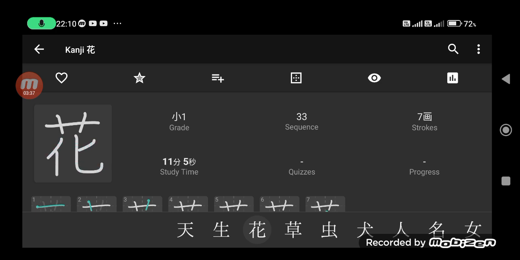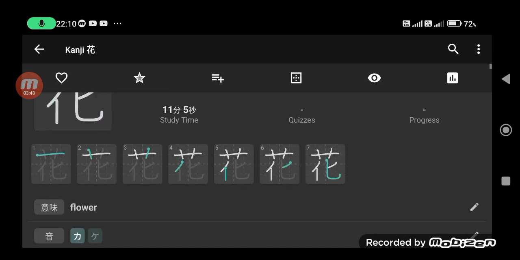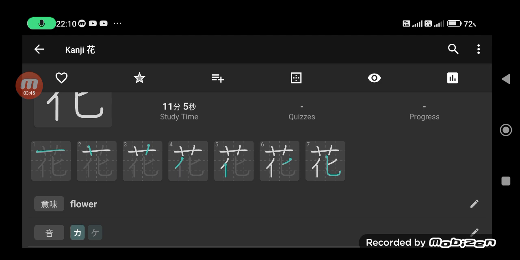Once again, 1, 2, 3, 4, 5, 6, 7. And if you have a kanji practice writing sheet, the order of strokes and the manner is shown here in detail.